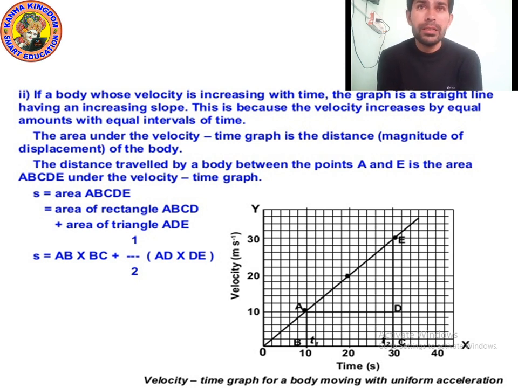And if a body's velocity is increasing with time, means speed is changing, then what will the graph be? If the speed is changing, then it will be a non-uniform motion graph.